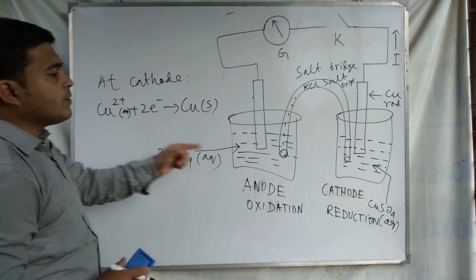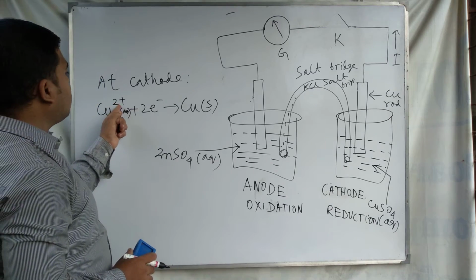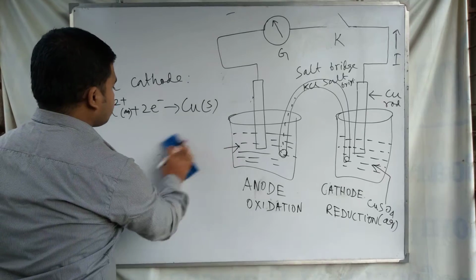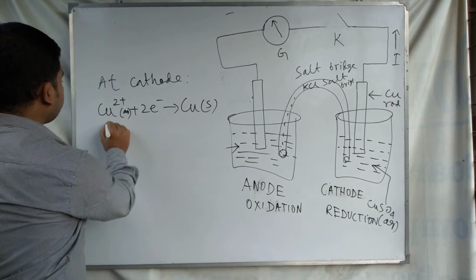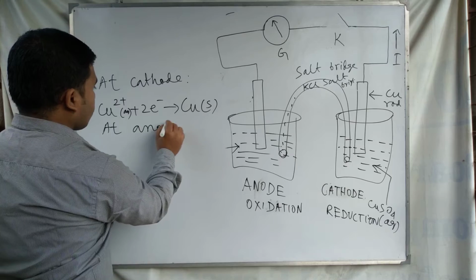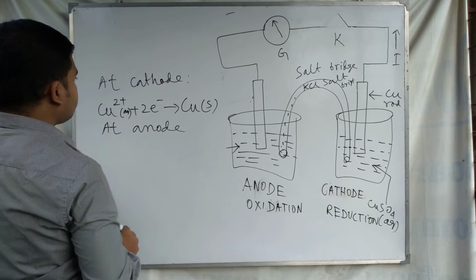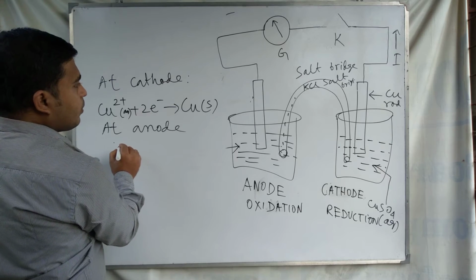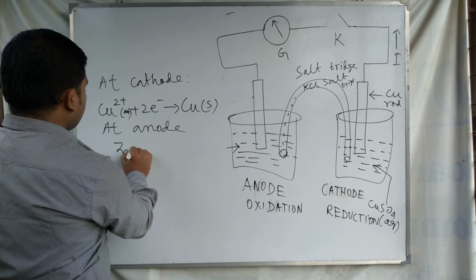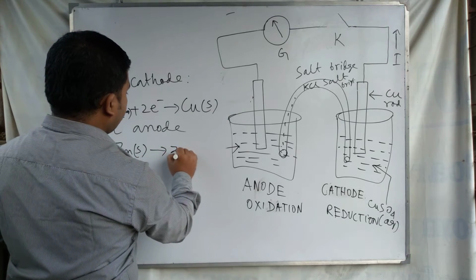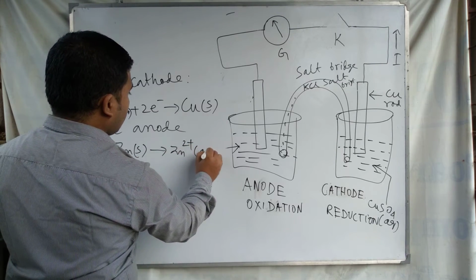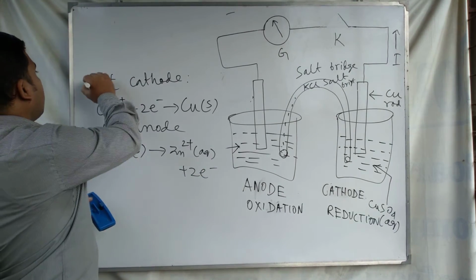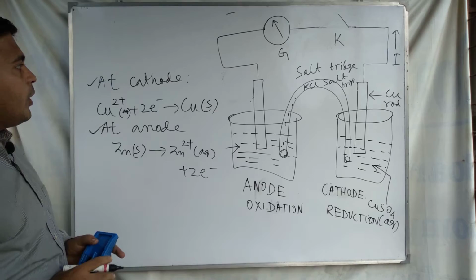In the cathode, reduction takes place where copper 2 plus reduces to copper, and at the anode oxidation occurs, which means zinc solid oxidizes to zinc 2 plus aqueous with 2 electrons. So this is the reaction at the cathode and the reaction occurring at the anode.